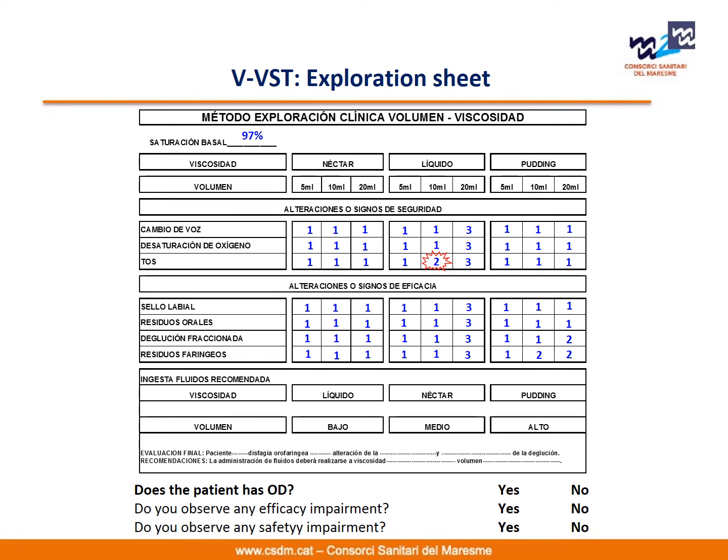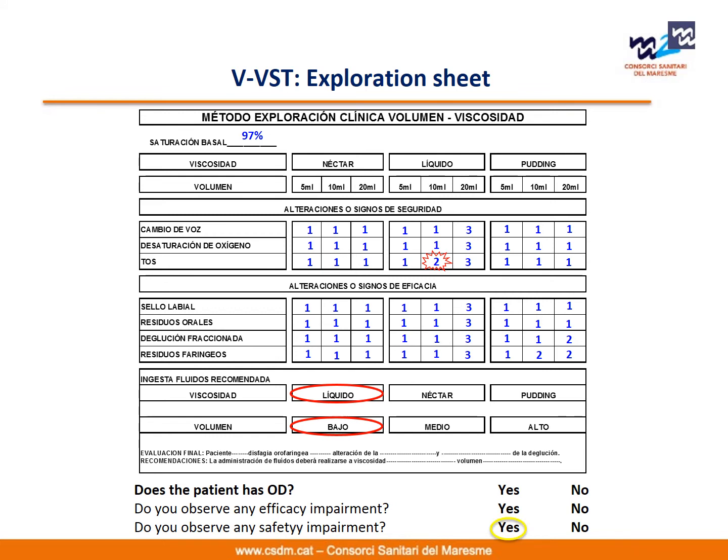You can see that there's a number 2 in the 10 and 20 ml for efficacy signs in pharyngeal residue and multiple swallows, but we did not stop. We continued with the 20 ml, because you're only going to stop if you see a safety impairment. So in this case, just looking at this sheet and this test, we would say that the safest volume and viscosity would be liquid in a low volume for our patient.